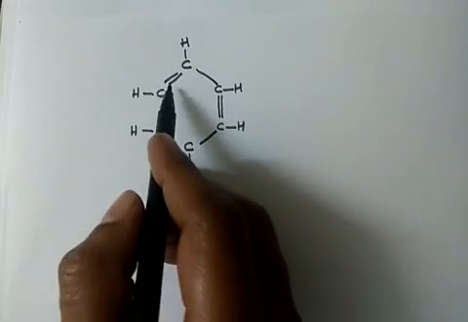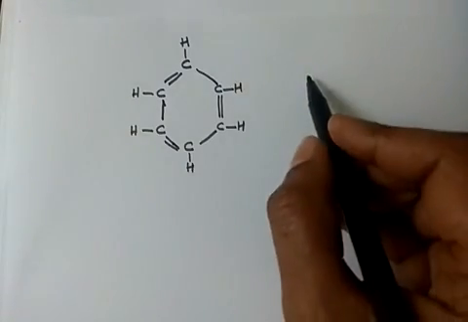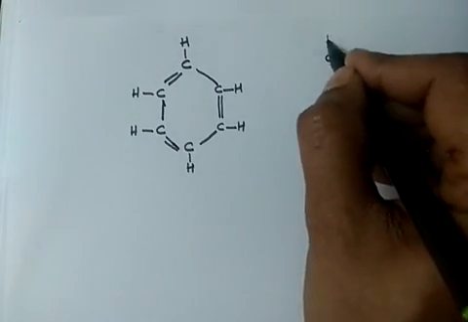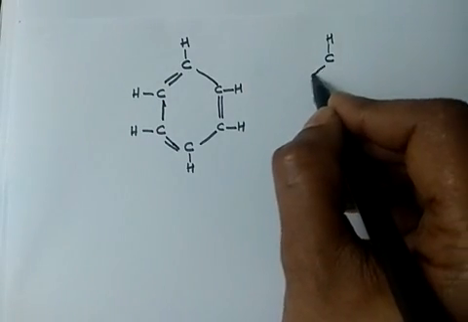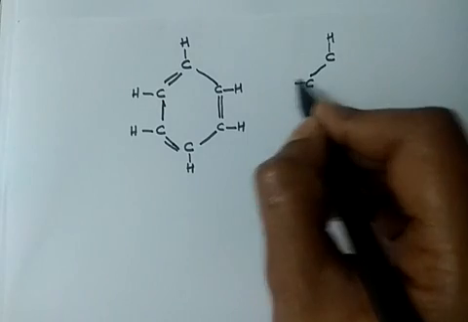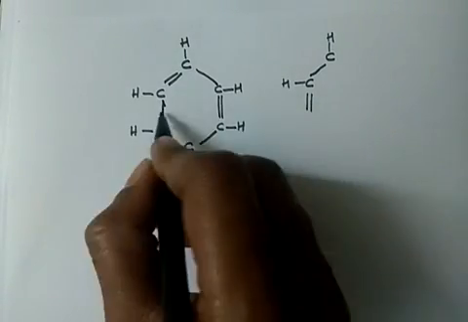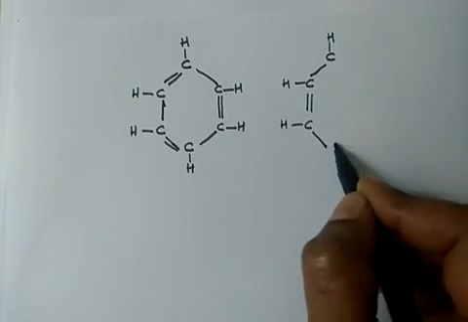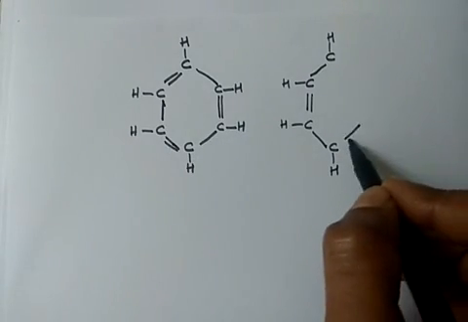Alternate double and single bonds. You can also write like this: CH, here you put the double bond. In this structure, you can put a single bond here, CH single bond CH. Then this one bond will be a double bond CH. Here single bond CH. Here you can use a double bond CH.